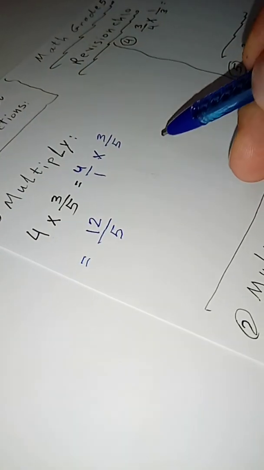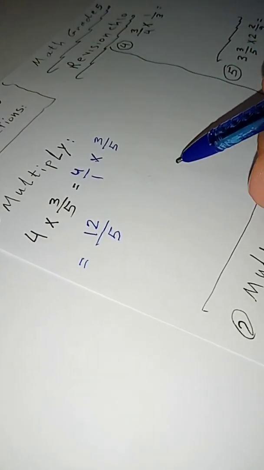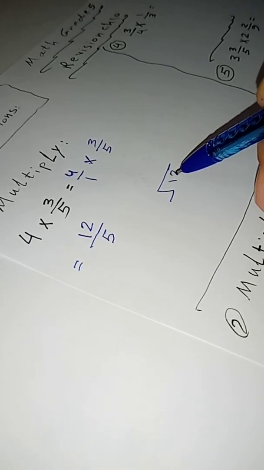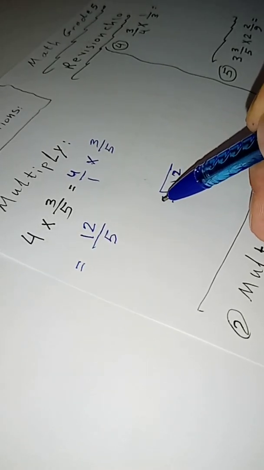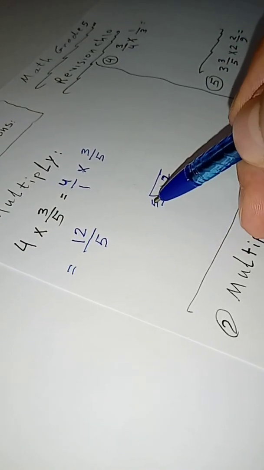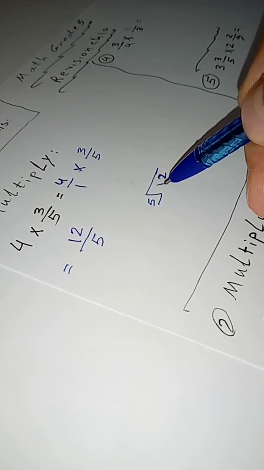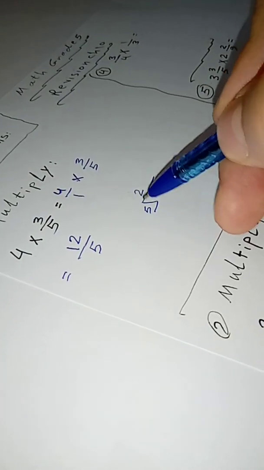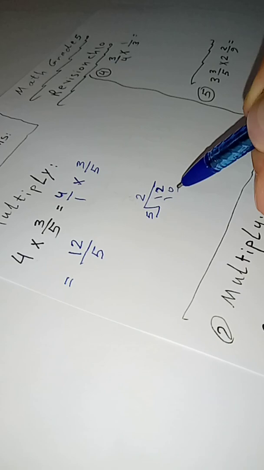How? Do long division. Right here, divide 12, and the divisor here will be 5. 12 divided by 5, which number times 5 equals 12 or less than 12, close to 12, will be 2. 2 times 5 will be 10.